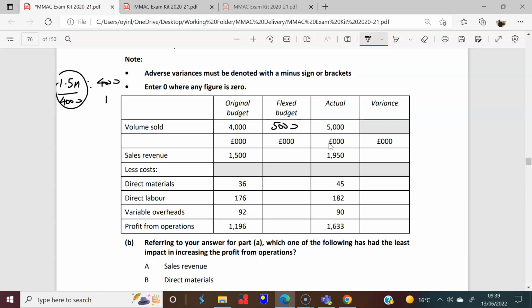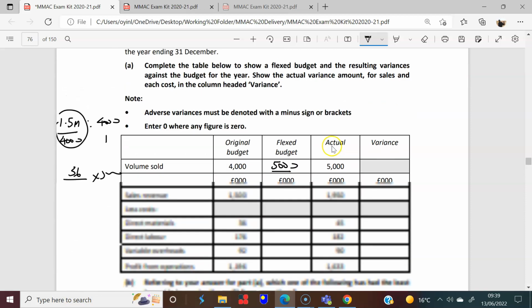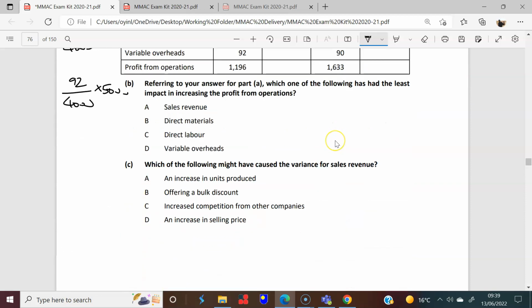Then take that and multiply that by 5,000, and take each of these items, such as labor and overheads, divide them by the 400,000 and multiply that by 5,000, and you're there. Then you can find the variance, exactly like what we've been doing so far. So refer to 94 for this question. Okay, great stuff.